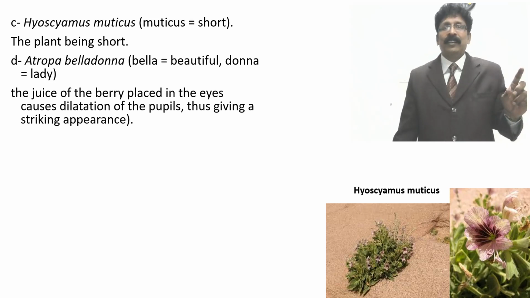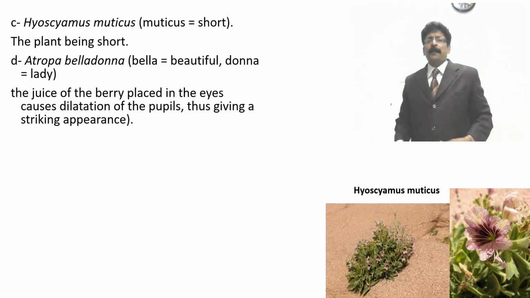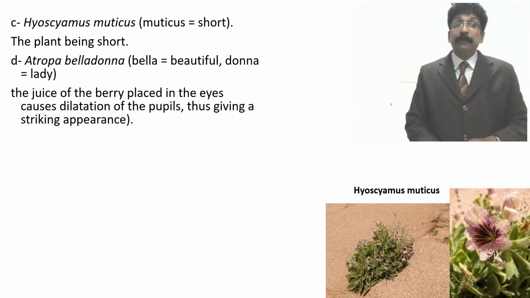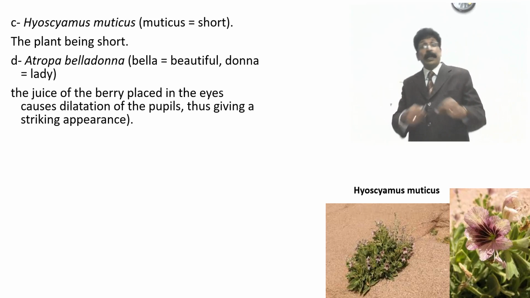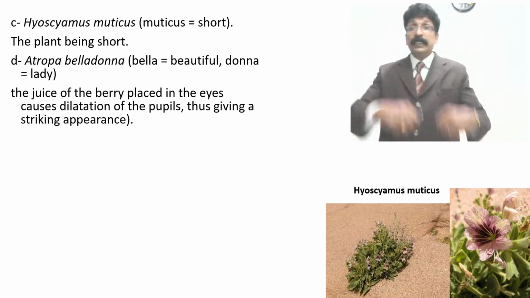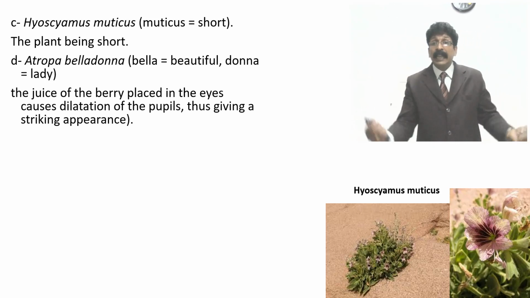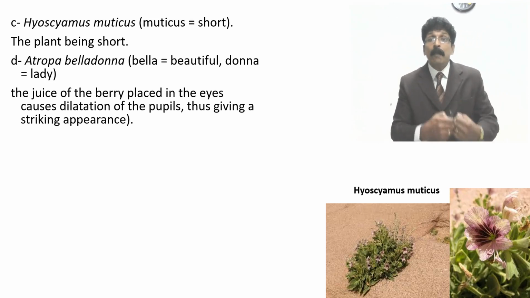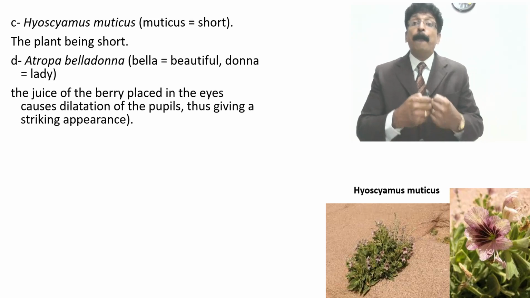It gives a striking, attractive appearance. The Egyptians used this for a decorative purpose, for the lady's beauty and attractiveness. So that's why the name Atropa belladonna is given.